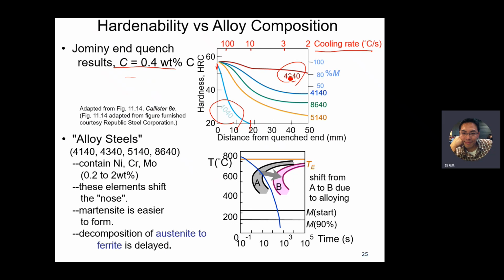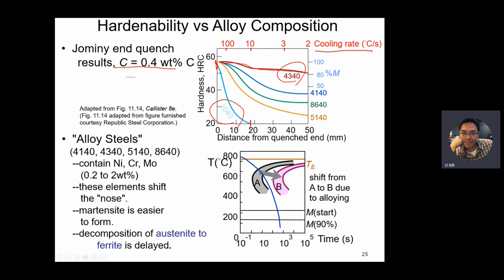And for the 4340 alloy, of course, the highest hardness is also located at the surface, right? And with distance, its hardness is not decreased dramatically.